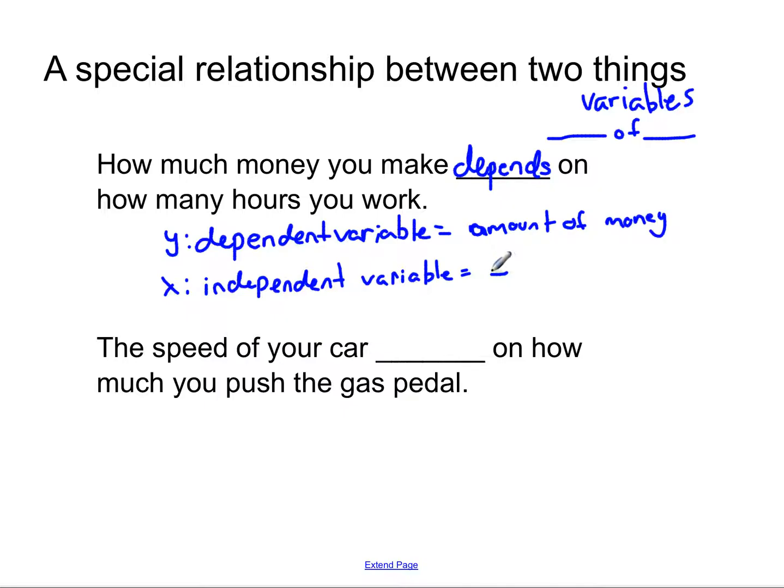So I'm going to write number of hours. So notice I kept it in this of format, and then I know what I'm talking about. Okay, so identifying your variables is very important.